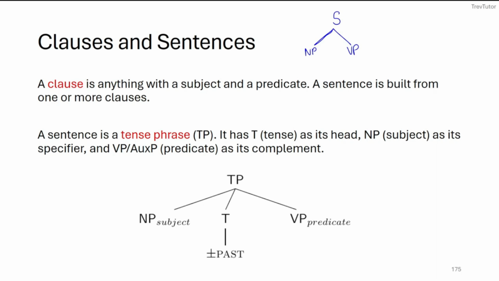The tense phrase has tense as its head. It'll be either plus or minus past, or contain something else, which we'll talk about later. And it takes a noun phrase subject as its specifier, and it takes a verb phrase predicate as its complement. Note that we're going to revise the verb phrase notion a little bit, as well as the NP notion, but in general, you can think about them as being subject specifiers and predicate complements.